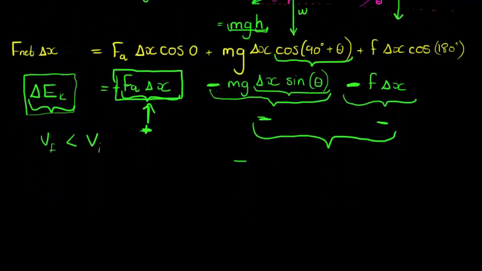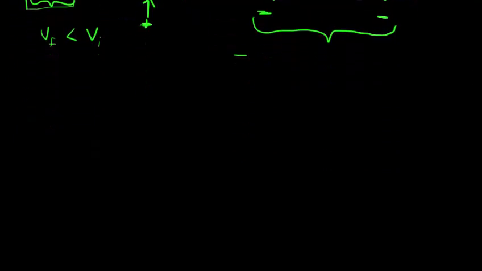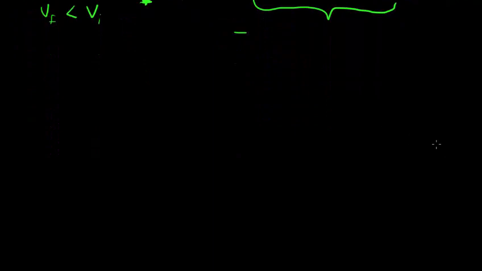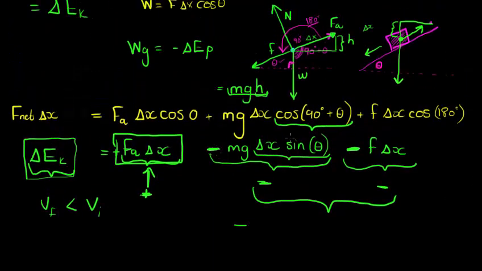I just want to show you now the whole formula. Sorry, let me continue here first. The net force can also be written. Remember, there's a theorem that says that acceleration is equal to the net force divided by the mass, or that the net force is equal to mass times acceleration.